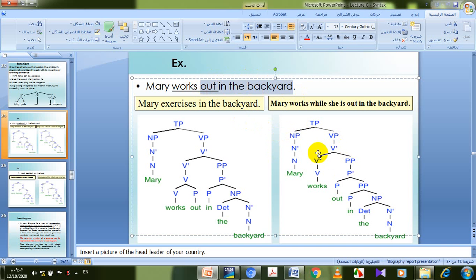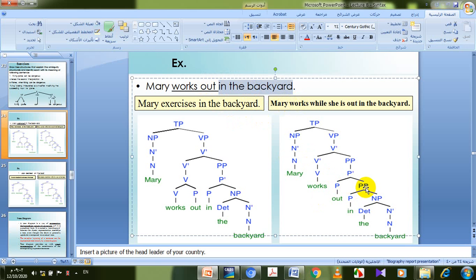So, out in the backyard is a prepositional phrase. It is subdivided into a preposition, out, and in the backyard, which is another prepositional phrase.